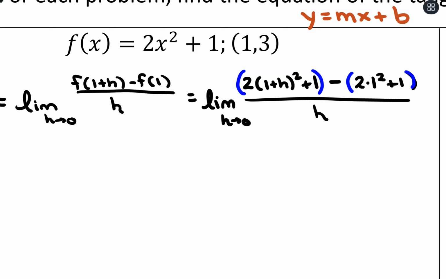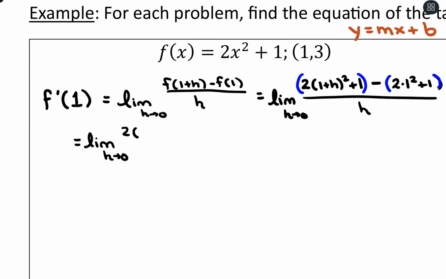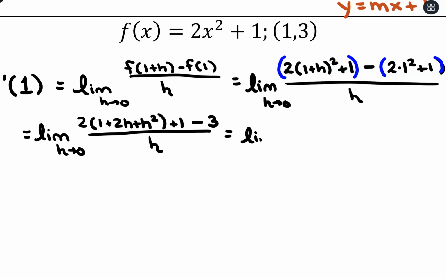So I want to simplify that first set of parentheses and second set of parentheses and evaluate their difference. So the limit as h approaches 0, we're going to have 2 times, and if I FOIL out the 1 plus h squared, that'll be 1 plus 2h plus h squared plus 1. And then we are subtracting 2 plus 1, which is 3, all over h. Okay.